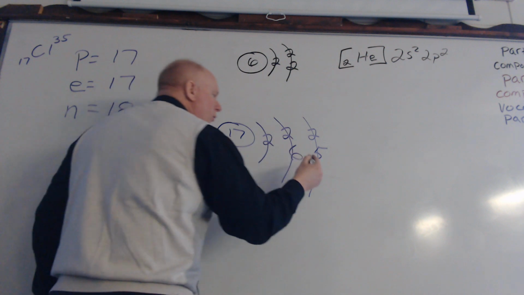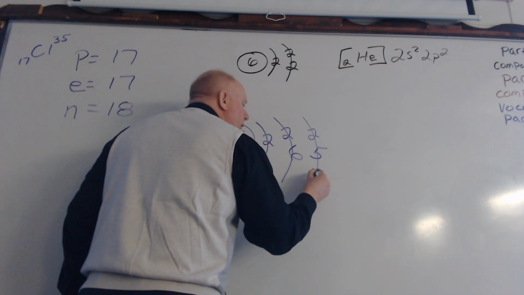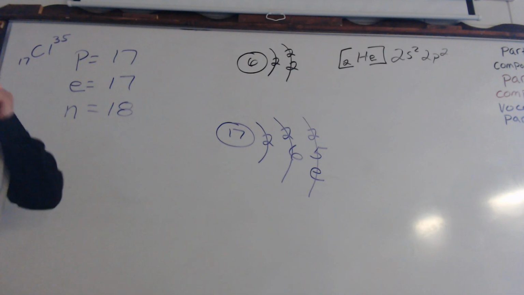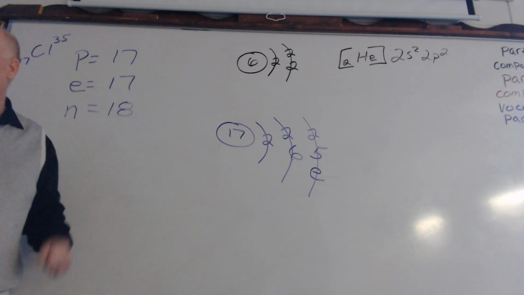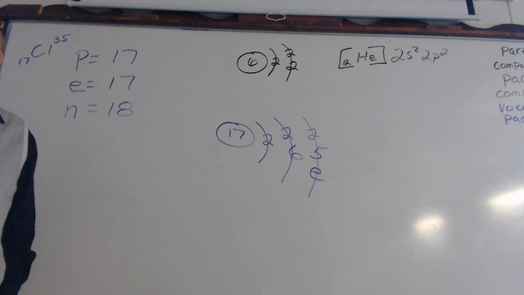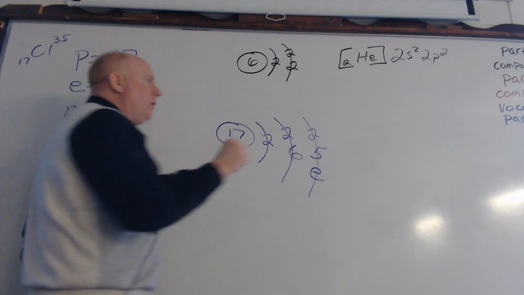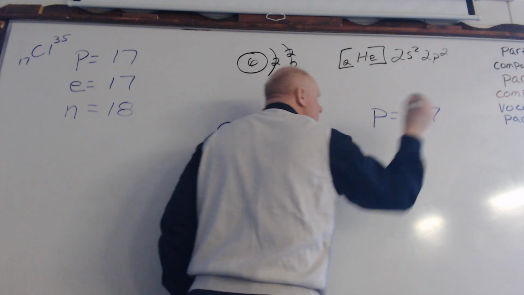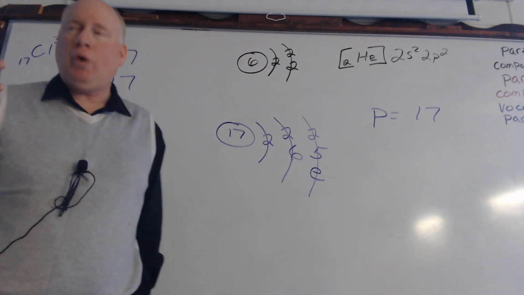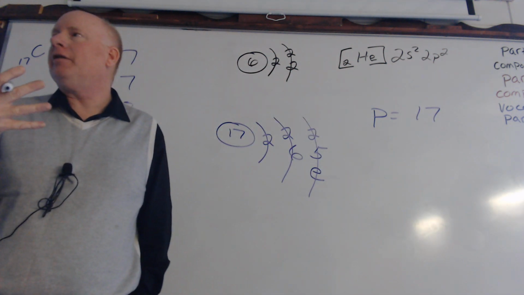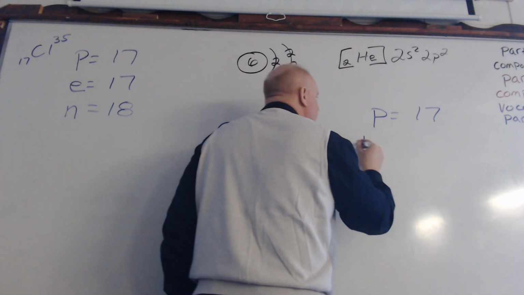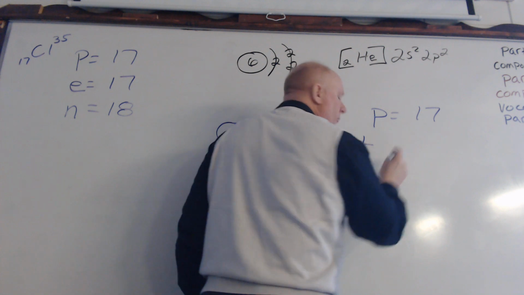This can hold one more, and if we add the numbers and letters together, what do we get? 18. So in the nucleus, it's got 17 positive charges. You add together the letters and numbers, and what do we get? 18. Oops.